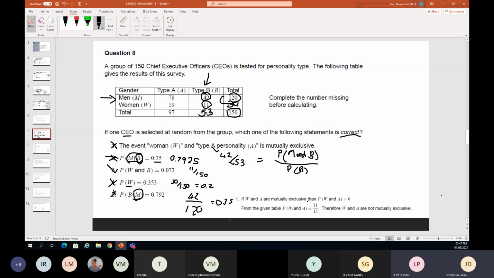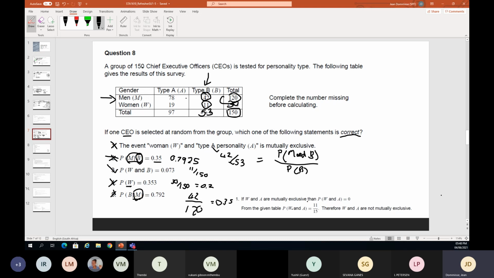Yes. So what they normally ask is the mutually exclusive and the dependency. So the dependency one is where they will tell you, say A and B was equal to a value, and then they could have said the event woman and type A is dependent. Then you would need to check.